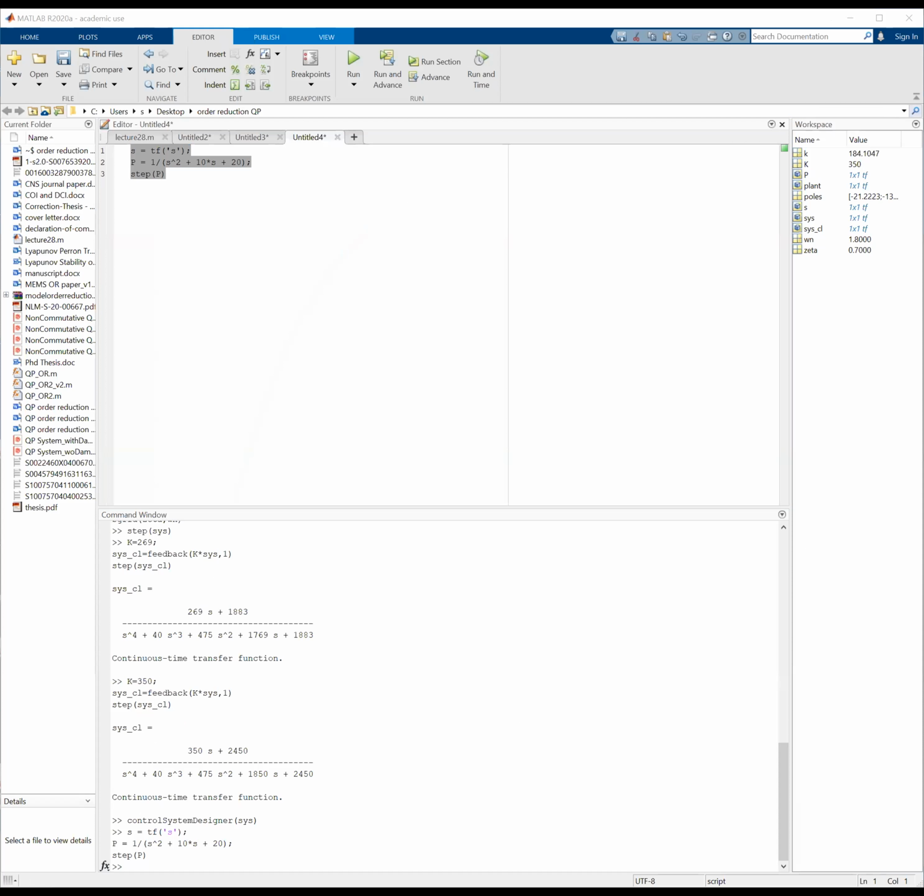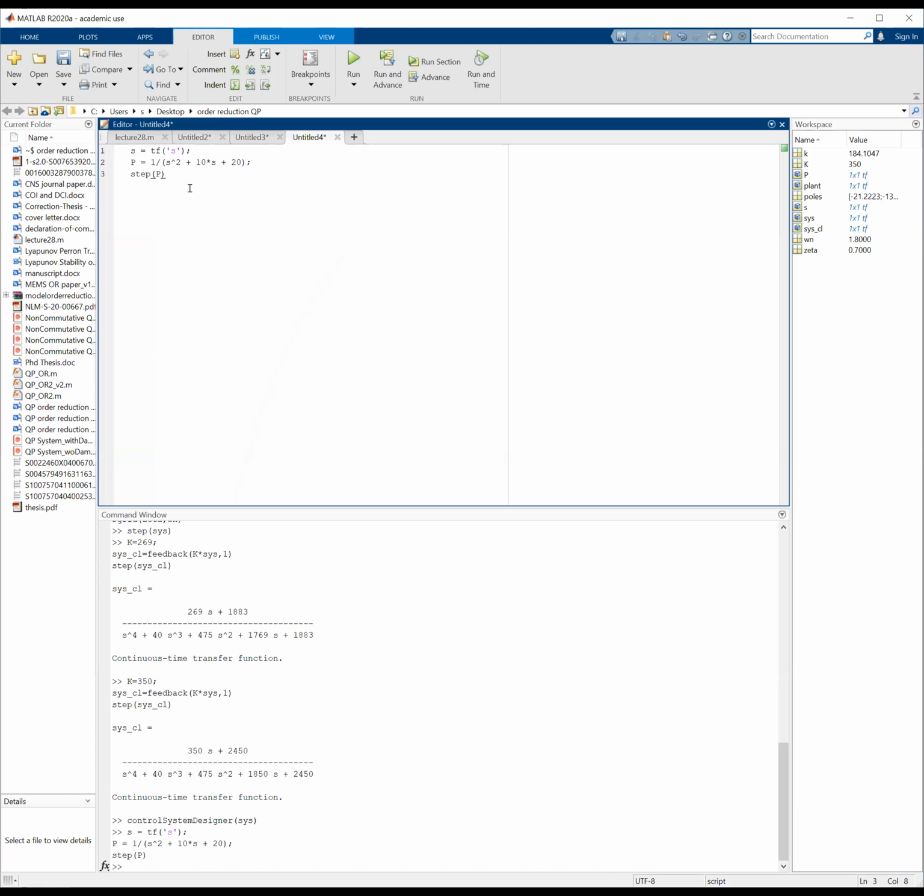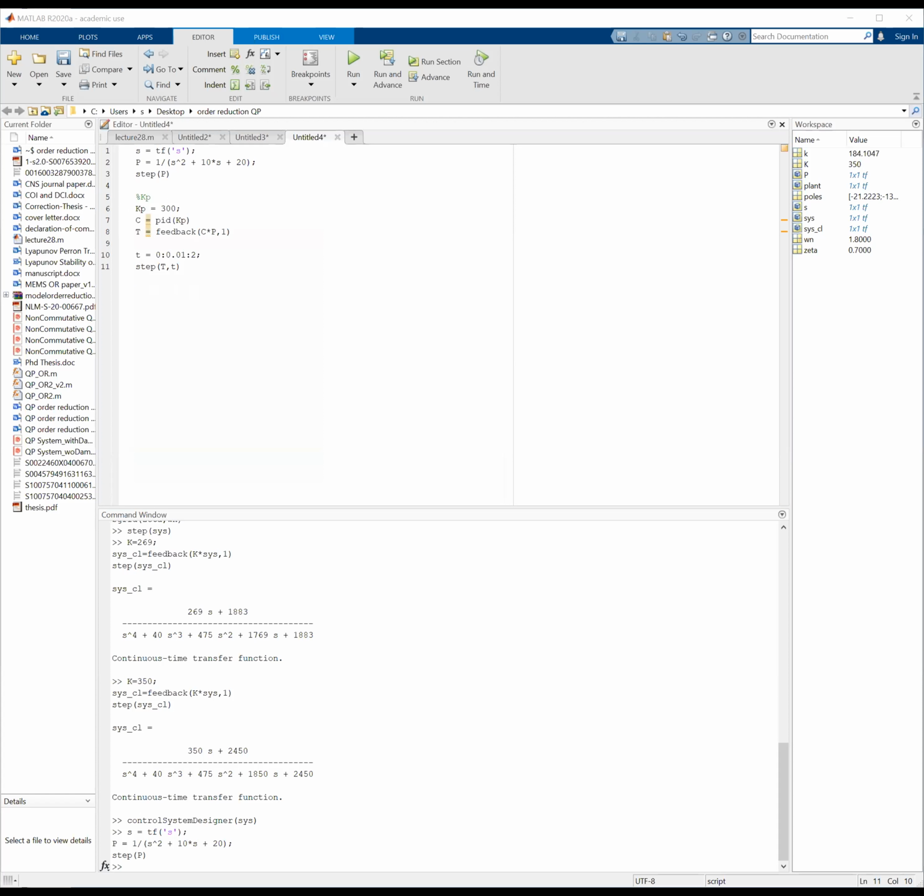So next part is I'm going to add a KP term. KP, and this is the code.